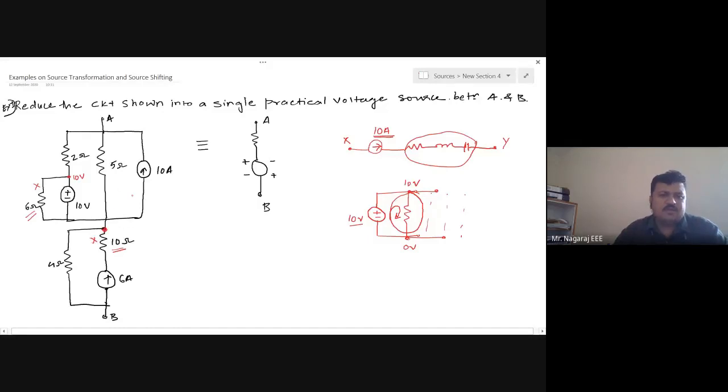For my circuit reduction, I cannot say that this 6 ohm is of no use in my circuit operation. This circuit may be representing some system which is doing some work. But if I have to reduce the circuit, the first technique we generally use is we remove the redundant terms.